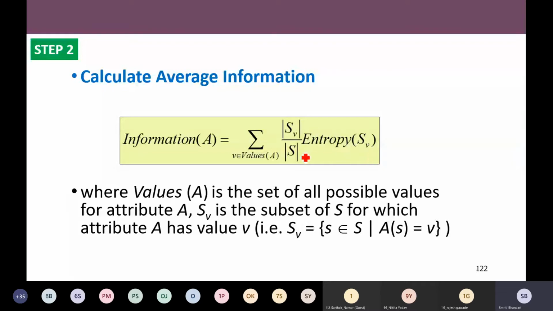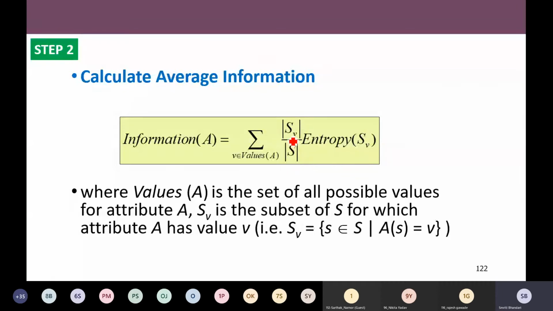Finally, we take the summation of all those computed quantities, and this gives us the information for that attribute. Values of A is the set of all possible values for attribute A, and for every such value we compute this quantity.